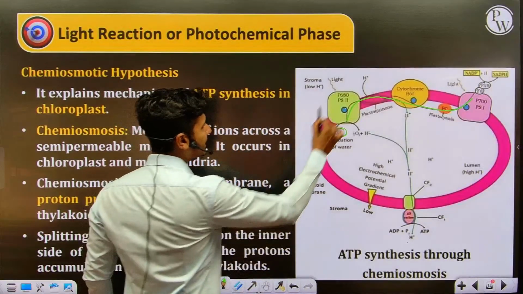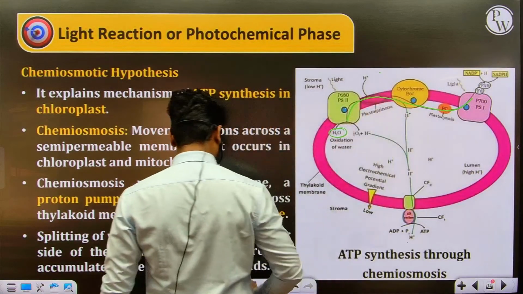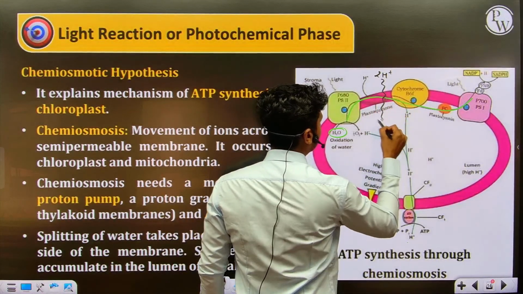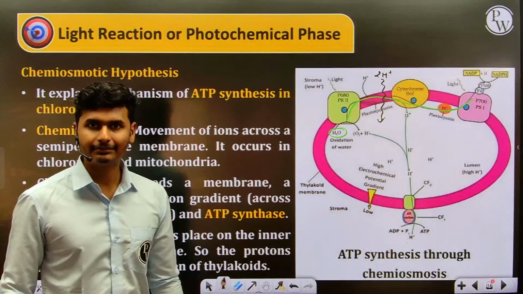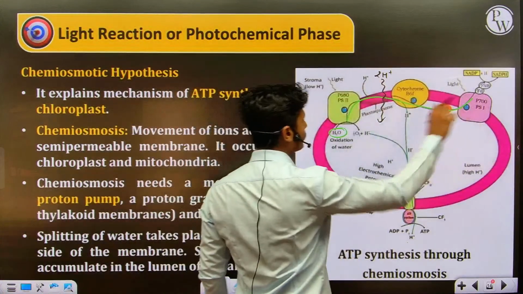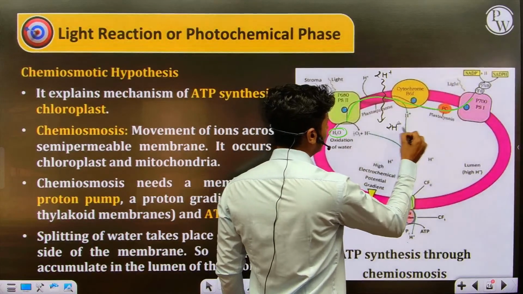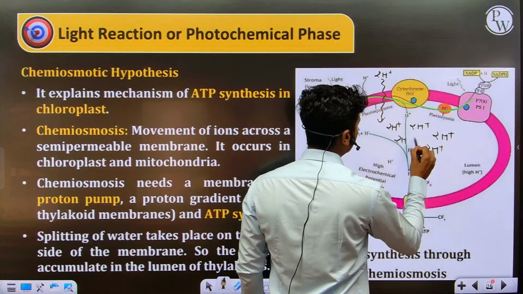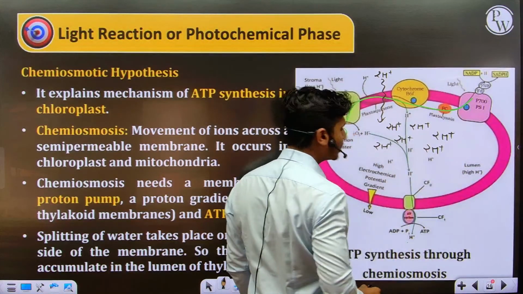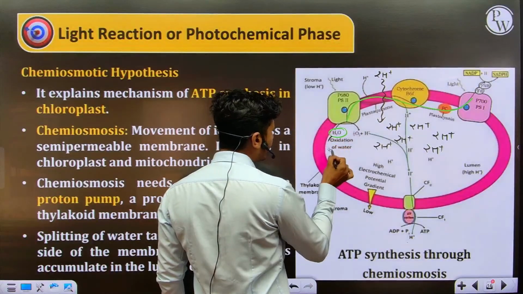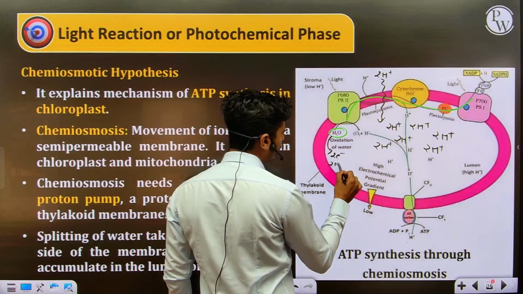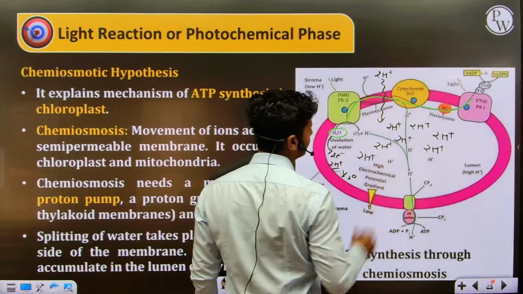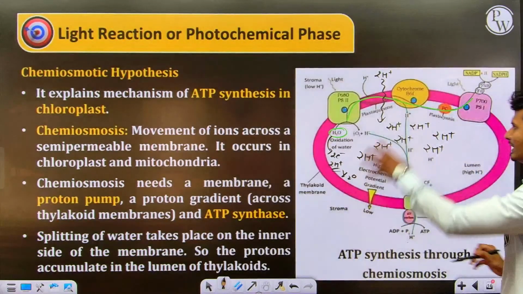Just because of this electron transport, 1 proton molecule comes inside the lumen of the thylakoid, and due to the continuous process, a large amount of protons is present in the lumen. Due to water splitting also, because water is split into 2 electrons negative, 2 protons positive, half O2. So due to that also, protons are present in the lumen.